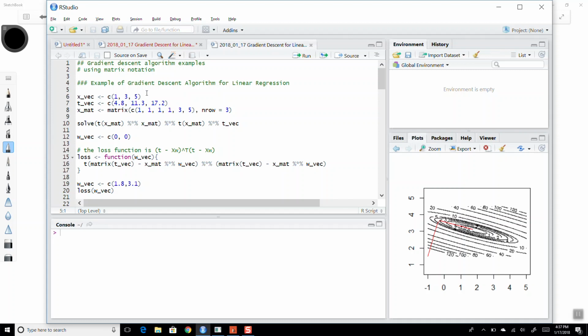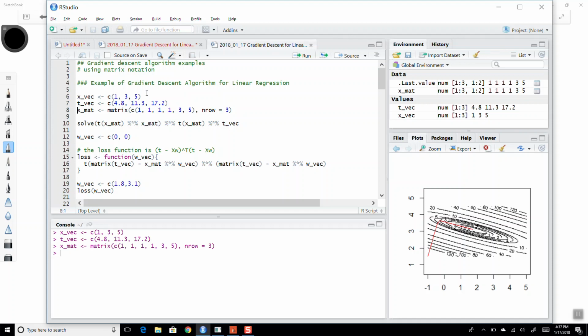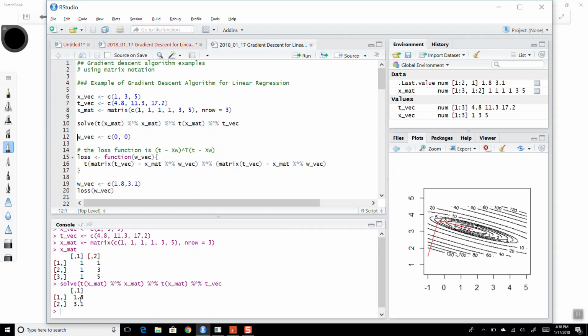We'll start again with the same 3 data points, 1, 3, 5, and the X matrix is now a column of 1s for the intercept term, and then 1, 3, 5 for the X term. We could solve for the optimal value, 1.8 for the intercept and 3.1 for the slope. This is, in a sense, quote, cheating, because that's not what we're doing here, so we're not going to use that.